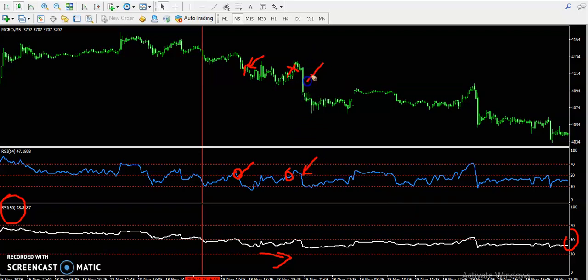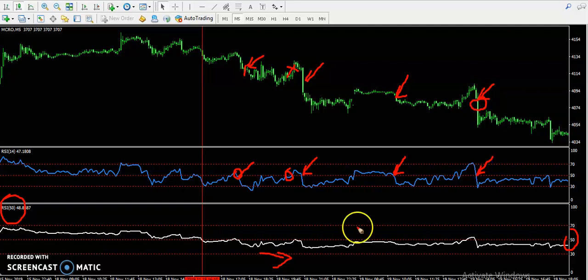Similarly, next here it broke RSI 50 and exactly we have seen another sell opportunity. Here RSI broke this 50 level and this is another sell opportunity.